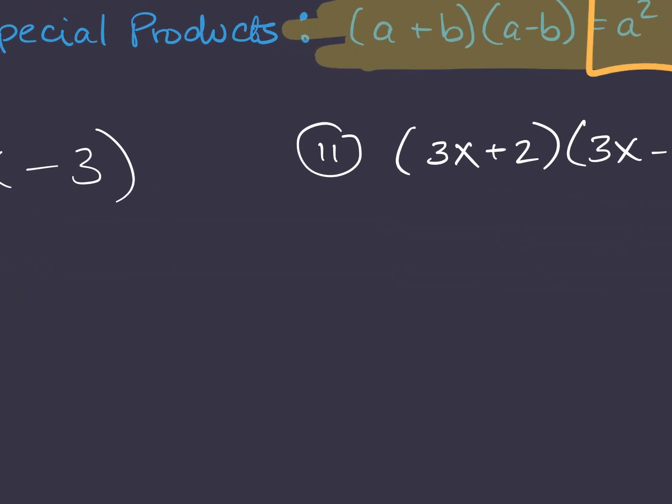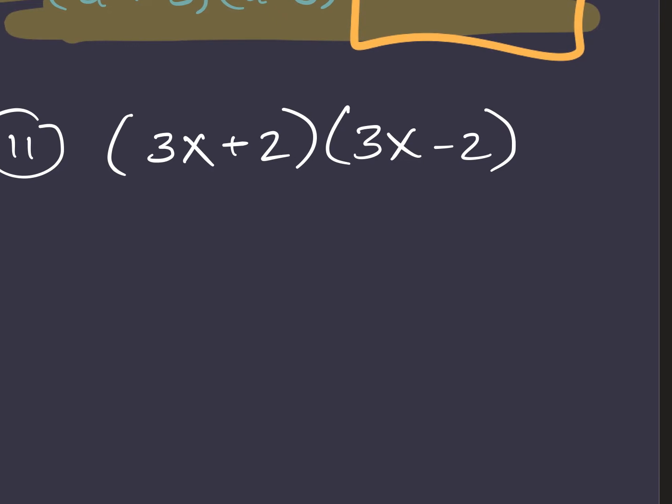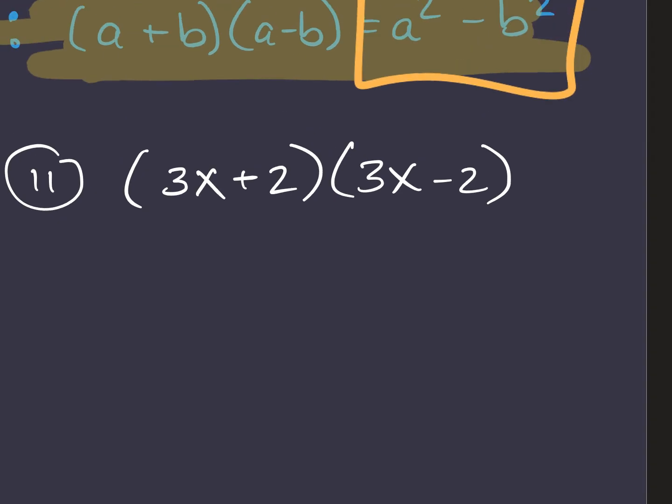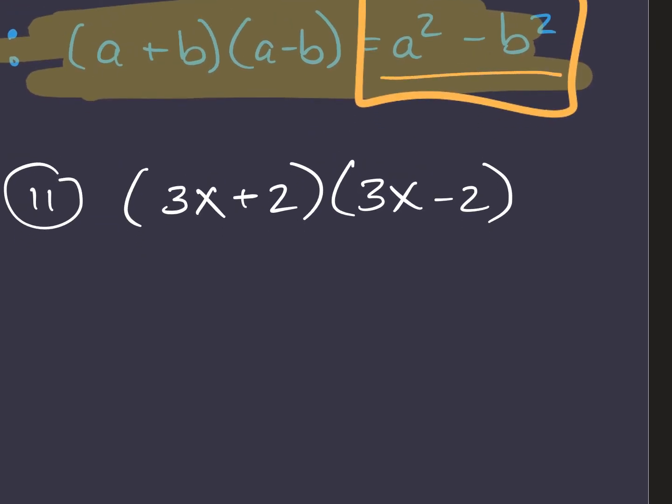All right, let's look at 11. So again, I have a plus b times a minus b. So I know my shortcut is a squared minus b squared. What's my a? 3x. So this is 3x squared. And what's my b? 2. So minus 2 squared.